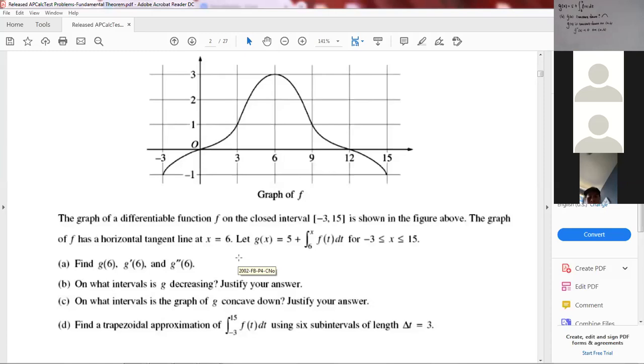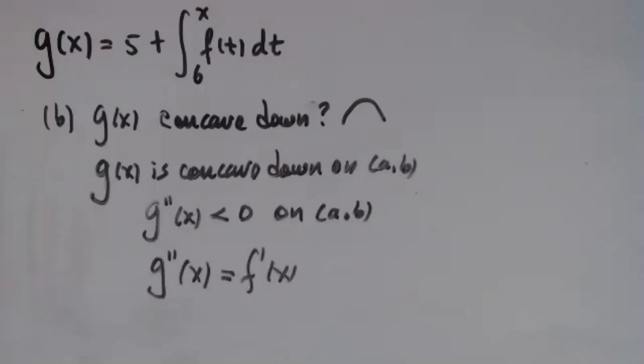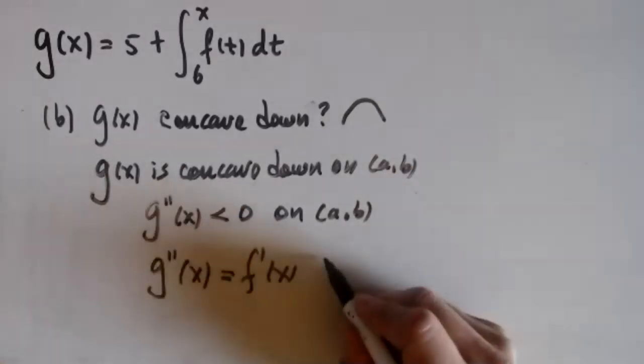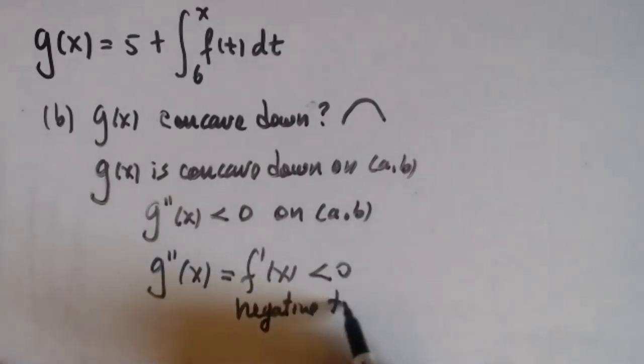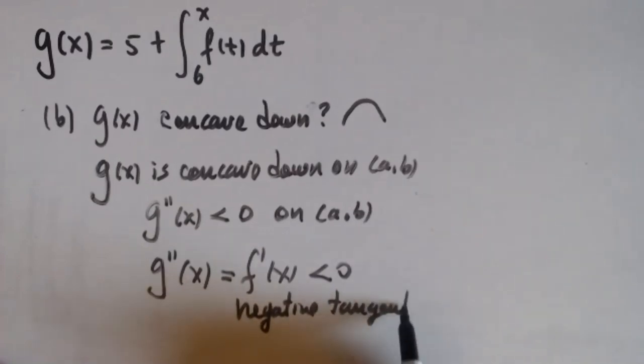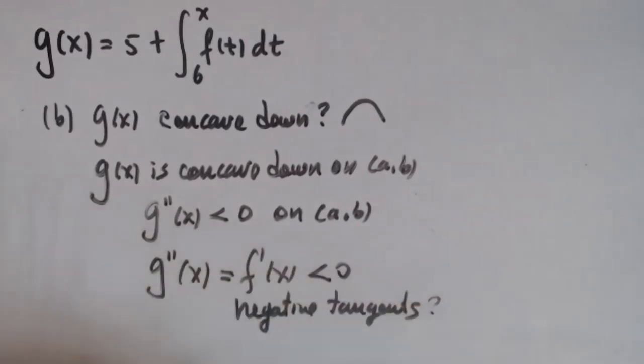Okay, who's G double prime? That's the slope of the graph of f. So G double prime is f prime. So again, this is negative, so negative tangents. Where I have negative tangents, from 6 to 15.